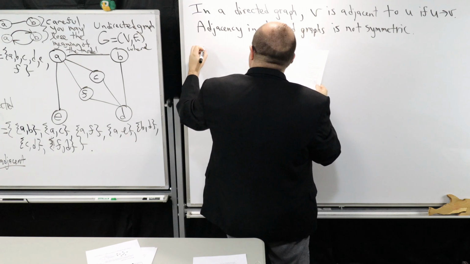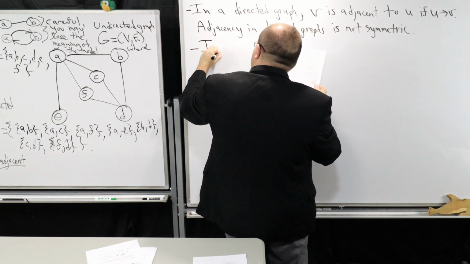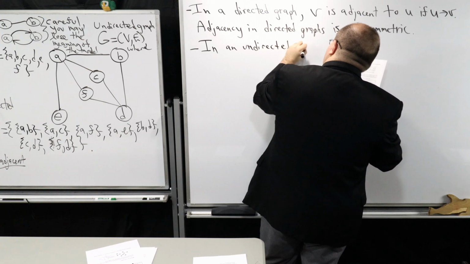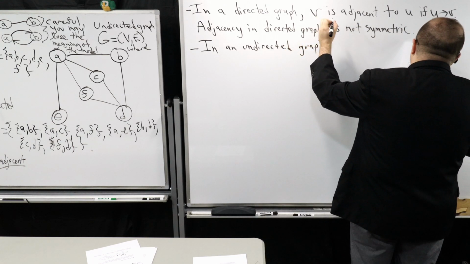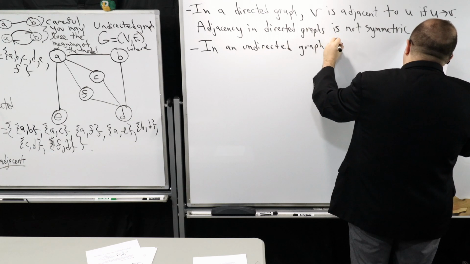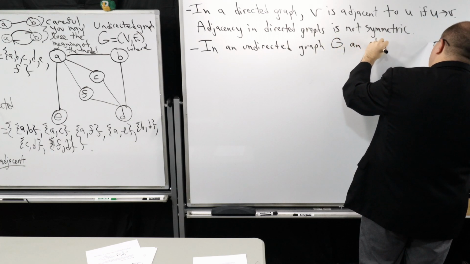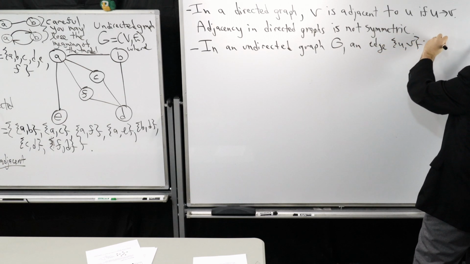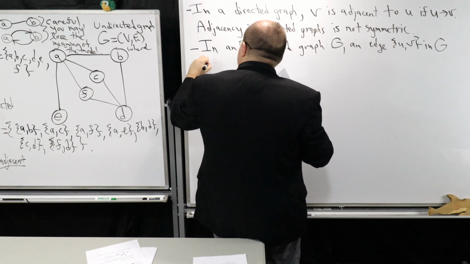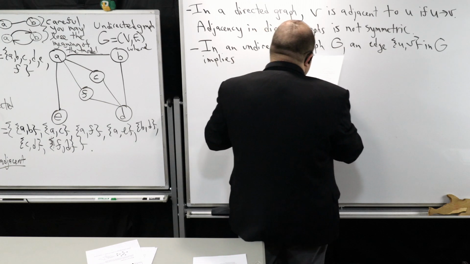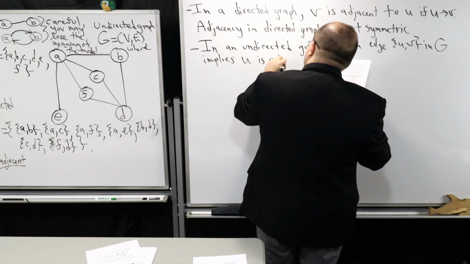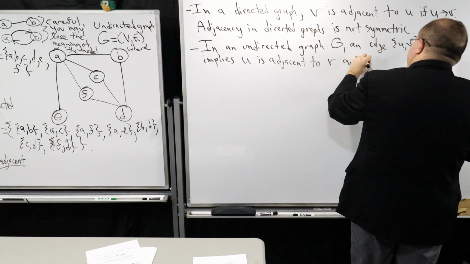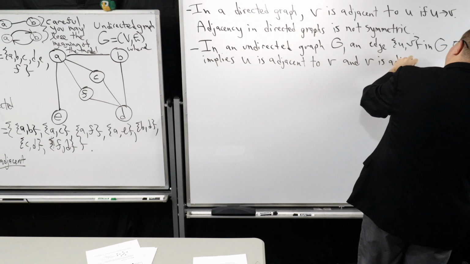So in an undirected graph G, an edge UV in G implies, like I said, U is adjacent to V, and V is adjacent to U. You don't have to be picky about how you phrase this.